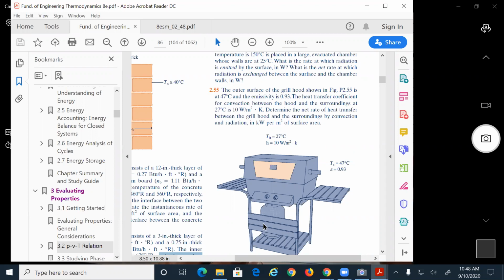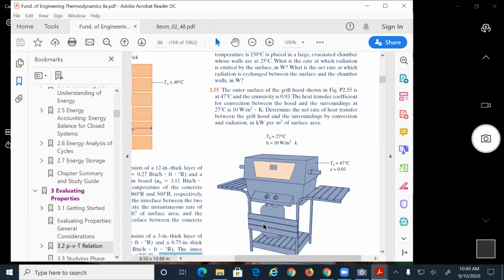That would be how many Kelvin? What do you need to do? You need to add 273, no? So this will be about 300 Kelvin, no? Okay, 300 Kelvin. And the h value will be 10 watts per meter squared Kelvin.